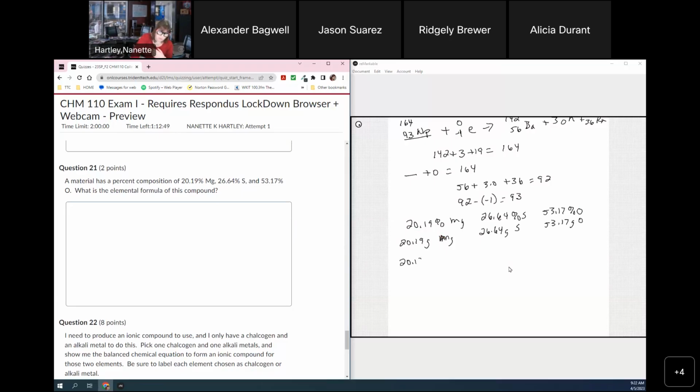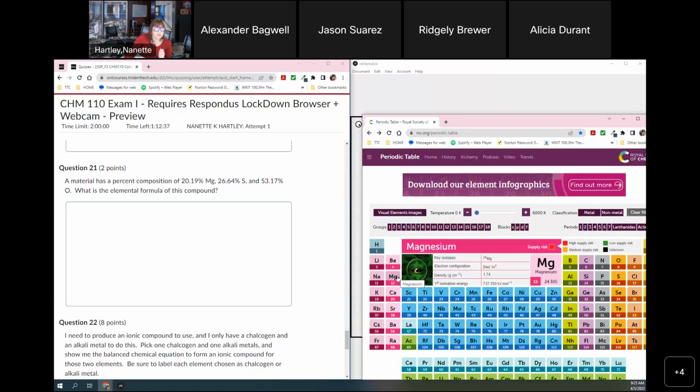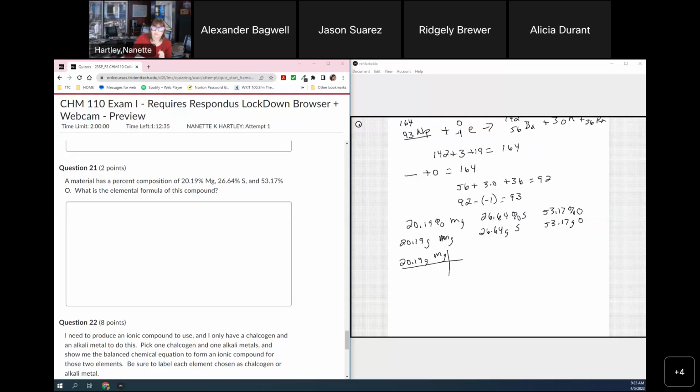Now we need to make a molar ratio for each of those. So I take 20.19 grams of Mg, I divide that by the molecular weight of Mg, which on my table here is 24.305. And again, these numbers might be slightly different than the sig figs you had on the test.